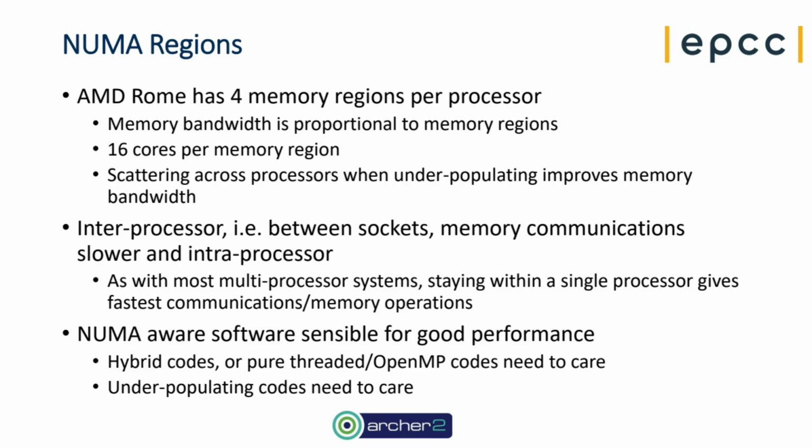Part of the reason is that it's very dependent on what hardware counters are actually supported by the chip that you're working on. Especially for ARCHER2, unfortunately, the AMD Rome chips are not particularly well provisioned with relevant hardware counters for performance optimization, which is a bit of a shame.